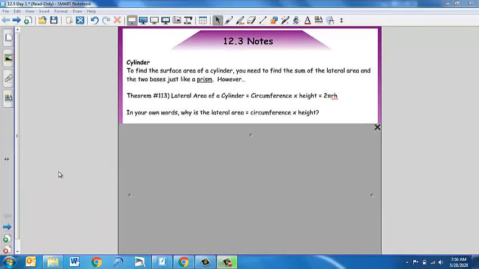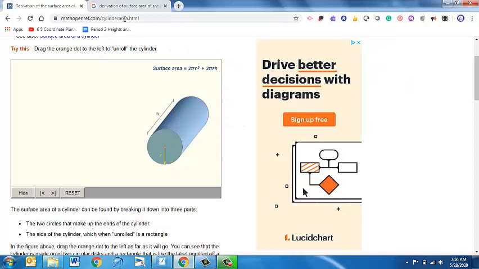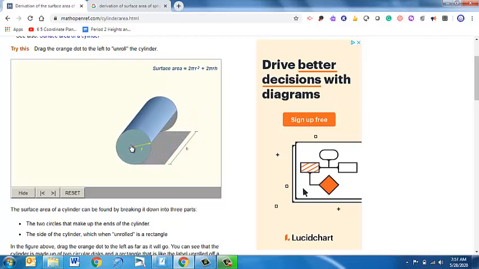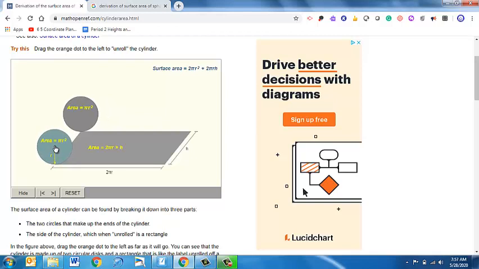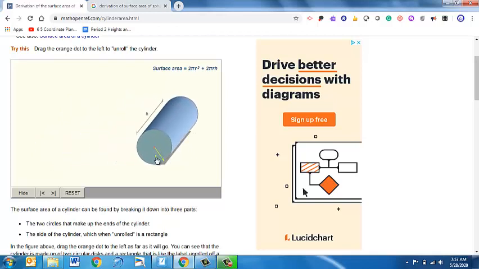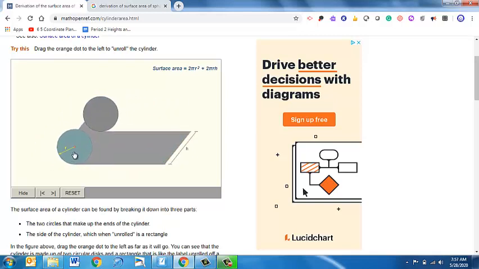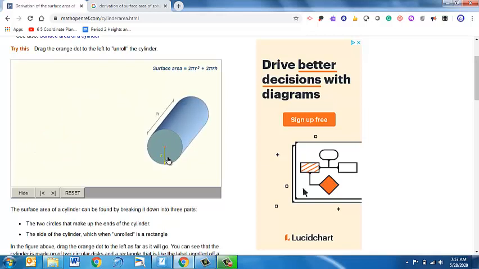And using one of our great websites here, mathopenref.com, it really shows it really nicely. So if we have ourselves a cylinder here, and if you kind of unravel the cylinder, you may notice that the actual lateral area, which is the wraparound part, unfolds into a rectangle. And notice that the height of the rectangle was the same as the height of the original cylinder.